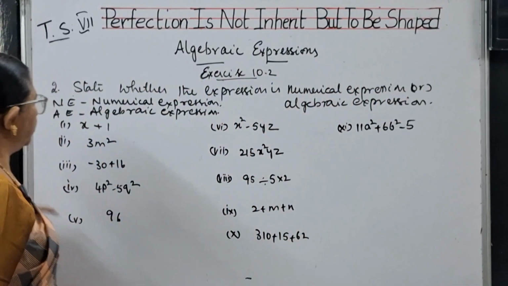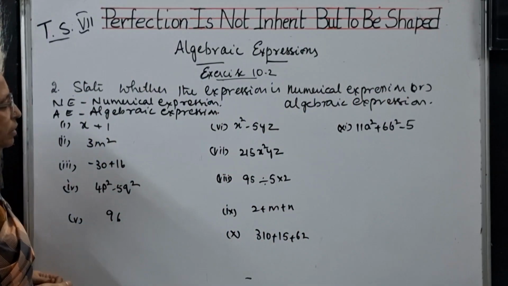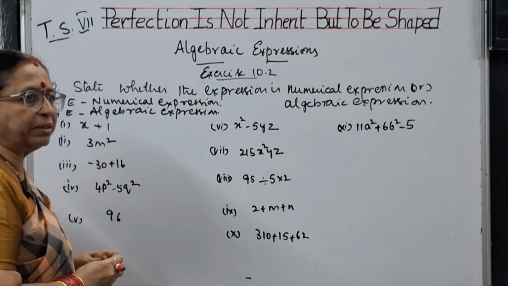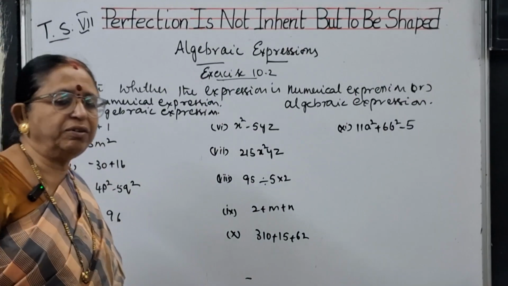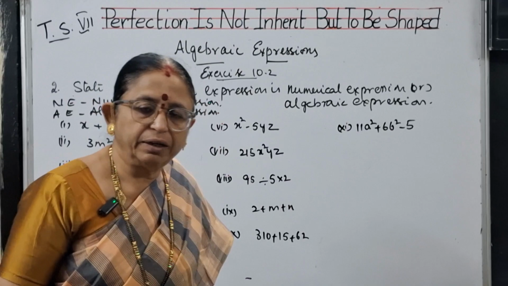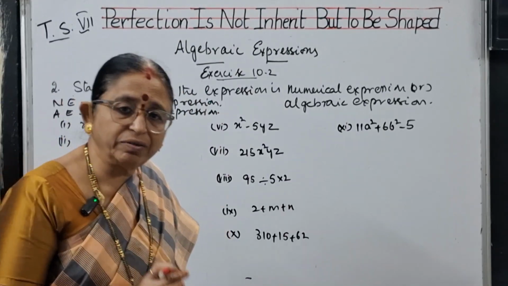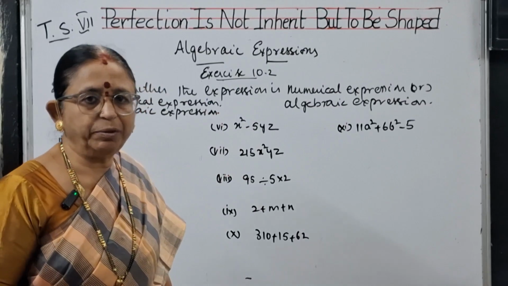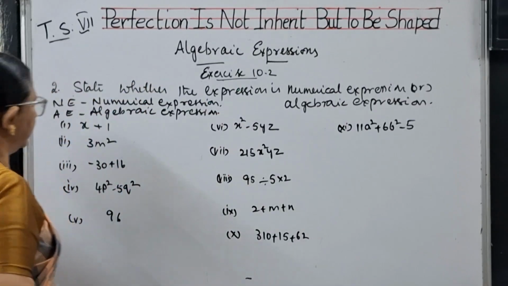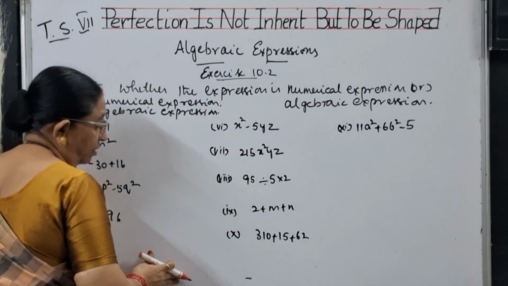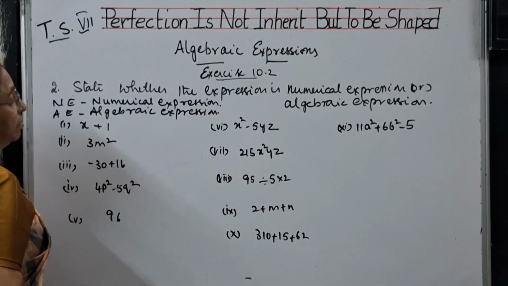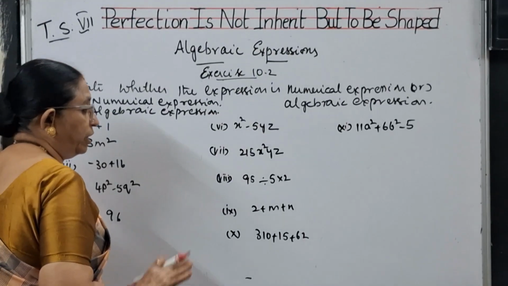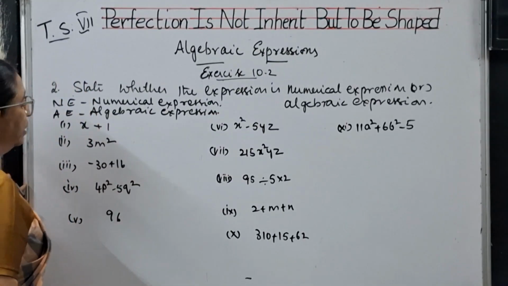So what do you know about numerical expressions and algebraic expressions? Numerical expressions are the expressions which contain only numbers. Algebraic expressions are the expressions which contain, along with the numbers, variables also. So we have to identify whether a variable is there or not. If a variable is there, this is an algebraic expression. If only numbers are there, that is a numerical expression.